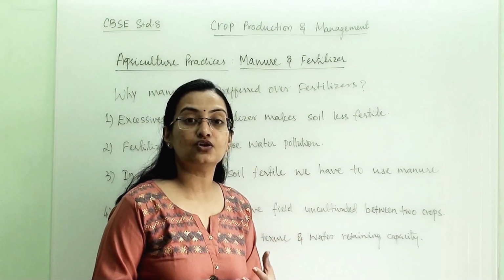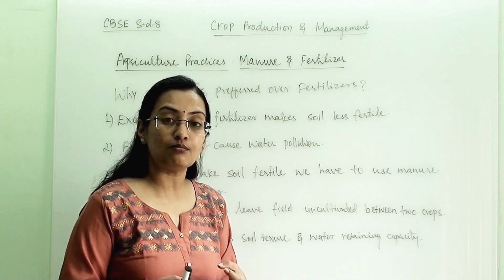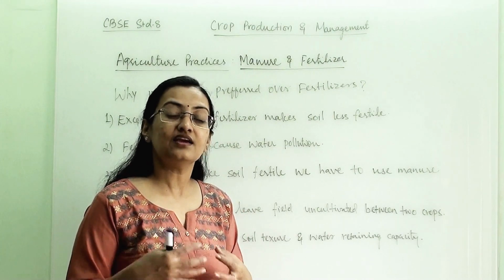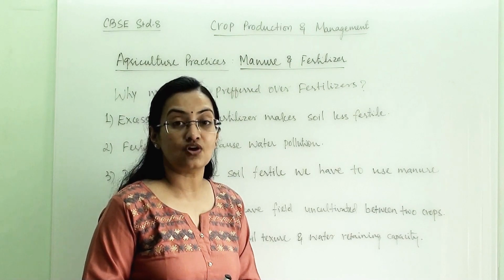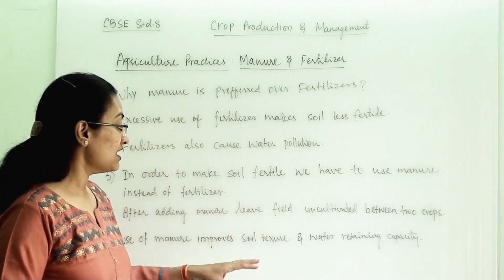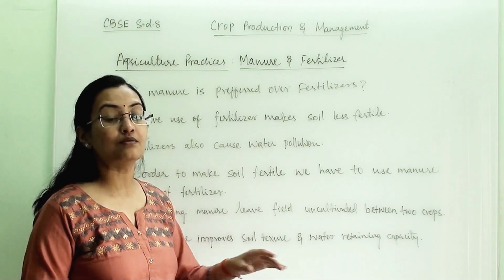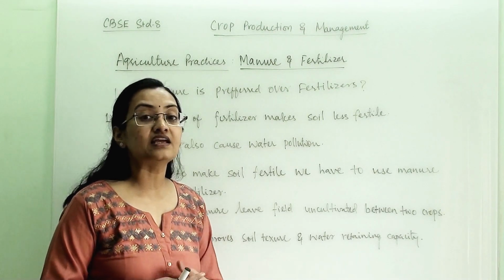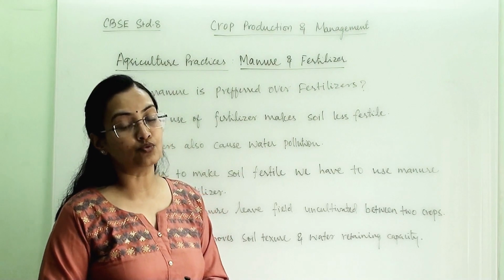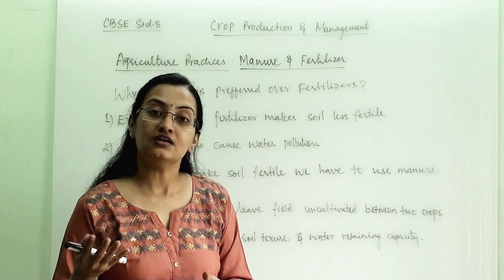This decomposed organic matter will again give all the nutrients back to the soil, and it also gives back its soil texture and water retaining capacity. By adding manure, the water retaining capacity of the soil will improve, and this will be beneficial for the next crop.